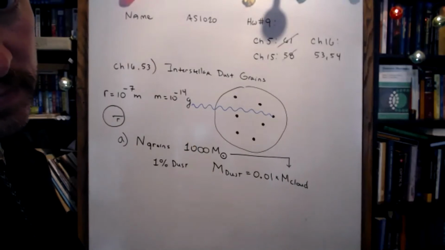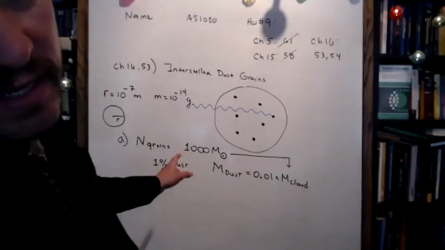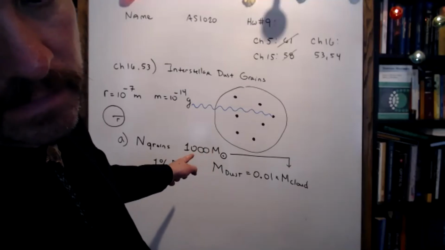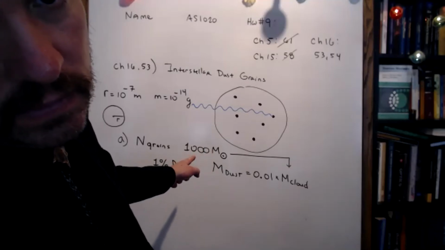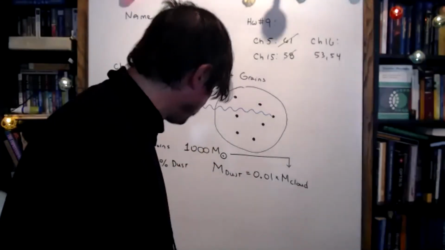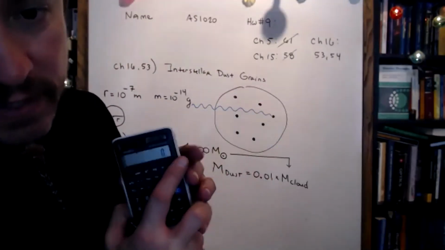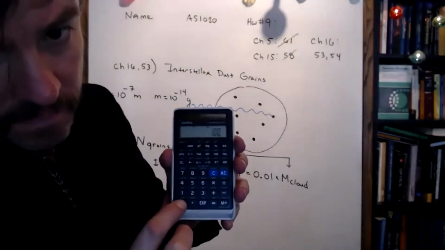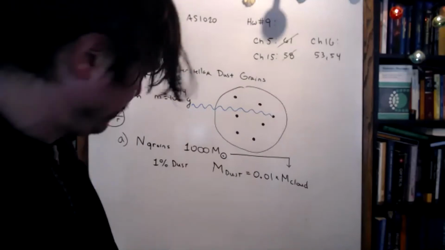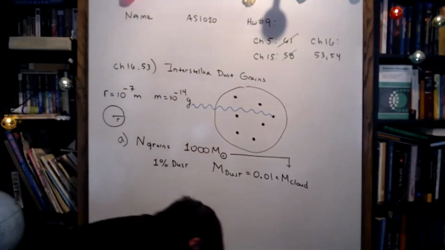I think 100. I think a 100th is 10, right? Because 1,000 with 2 zeros. That makes sense, I think. Well, let's punch into our calculator since we're both confused now, right? If we do 1,000 times 0.01, yeah, 10 solar mass units.